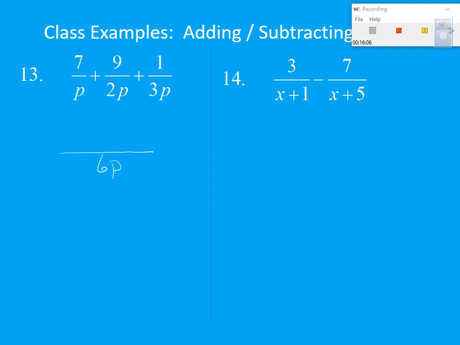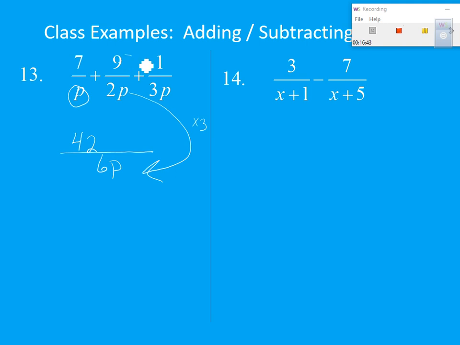Now, to figure out your numerator, we do this. You compare this denominator to this denominator. And then you ask yourself, what do you need to multiply by to make them the same? So I would need to multiply by 6. So I'm going to take the 7 and multiply by 6 and get 42. Now let's go to the second one. When I compare 2 times p to 6p, I need to multiply by 3.